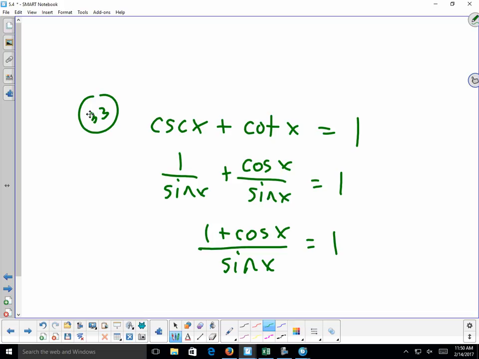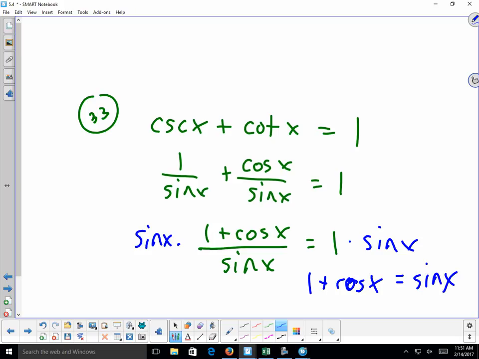If I multiply both sides by sine x, I don't even want to do this, but if I do, I've got 1 plus cosine x equals sine x, right? But if I go through the whole process of squaring both sides and doing all that, doesn't that look a lot like problem number 7 from Gift A that we did?